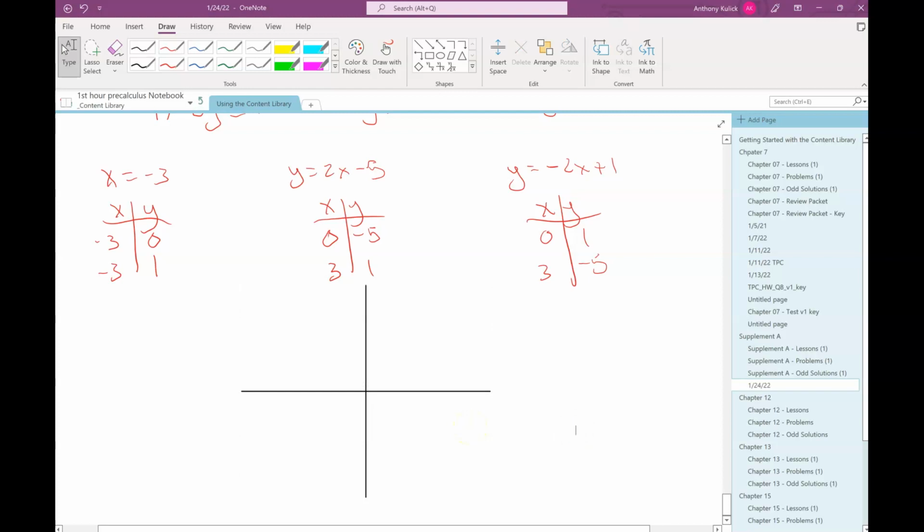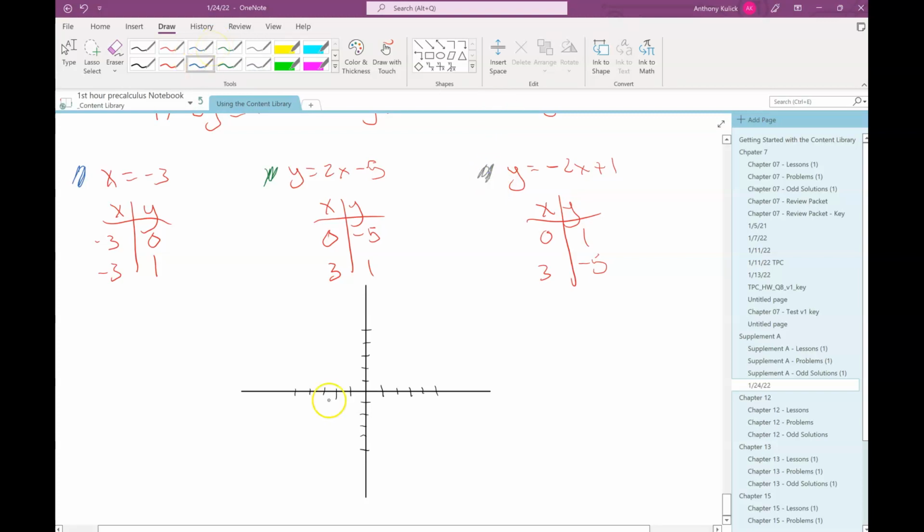Okay. Let's see, 1, 2, 3, 4, 5. Let's do blue, green, and then gray.